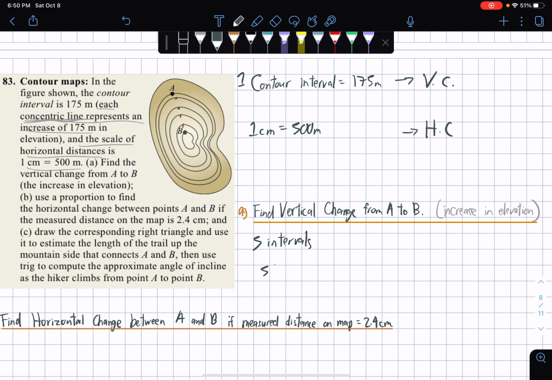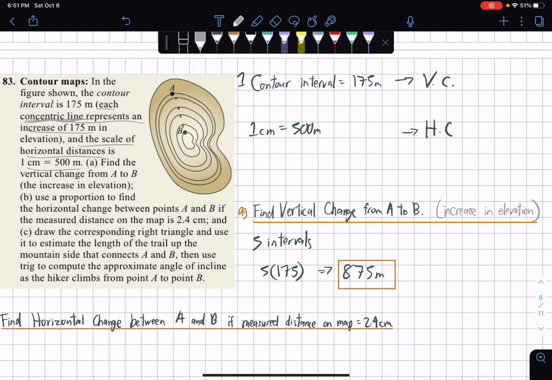So obviously 5 times 175 is 875 meters. This is the vertical change from A to B. If you make this illustration 3D, it would look something like this. 1, 2, 3, 4, 5. 5 intervals. That's what the mountain would look like.